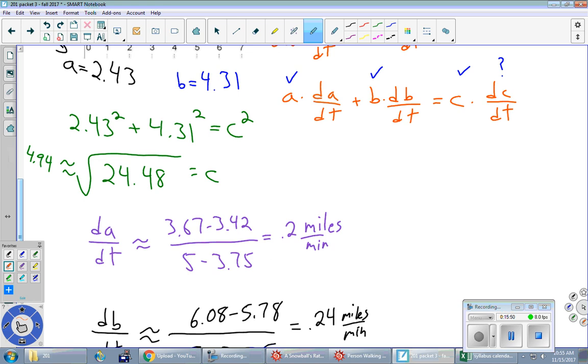Okay, so A we discovered was 2.43, and dA/dt is the 0.2 we just found, plus B is 4.31 times dB/dt, which was this 0.24, equals C, 4.94, times our unknown, which we will just write dC/dt.